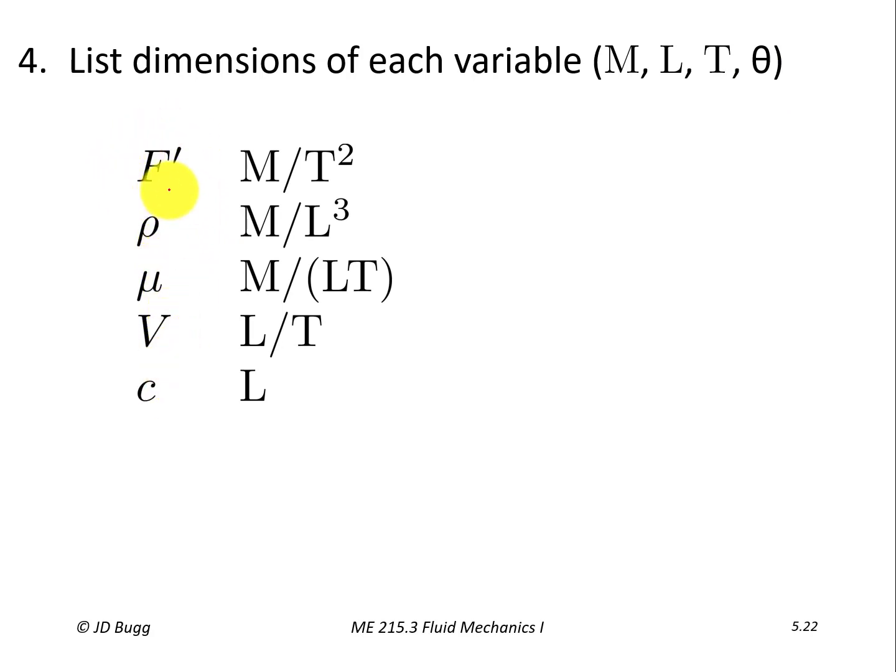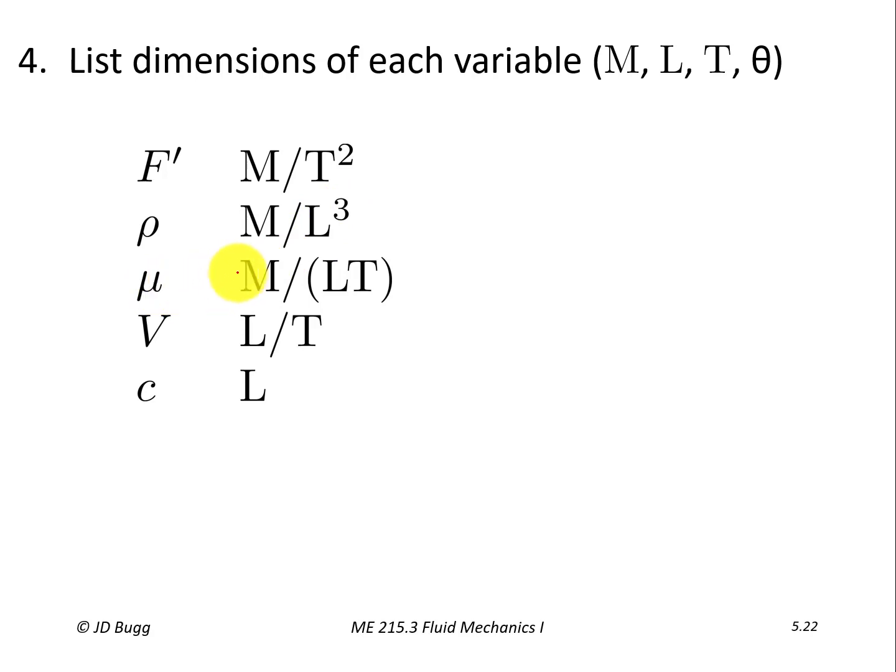So we have our force first of all. What are the dimensions of force? Well, that's mass divided by time squared. What are the dimensions of density? Mass divided by length cubed. Remember that the units of density are kilograms per meter cubed. So that's mass divided by length cubed.